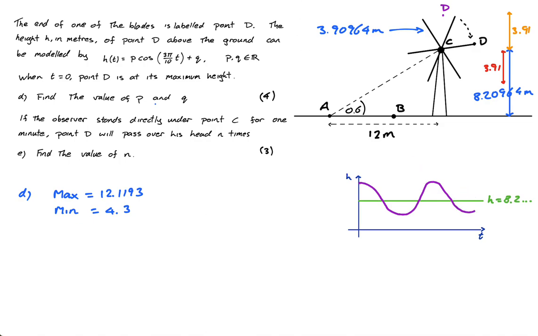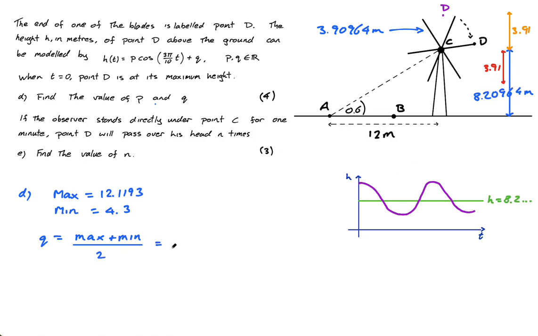So now that I have the max and I have the min, I can find Q. Well, Q is this line here. Q is equal to the maximum plus the minimum divided by 2. Which is actually just going to be this.